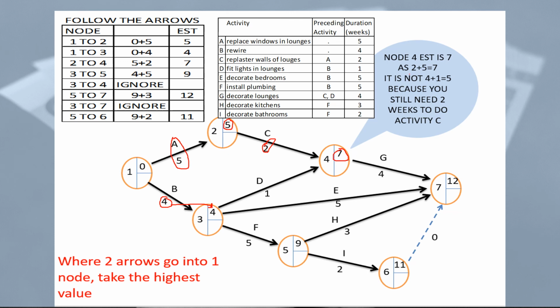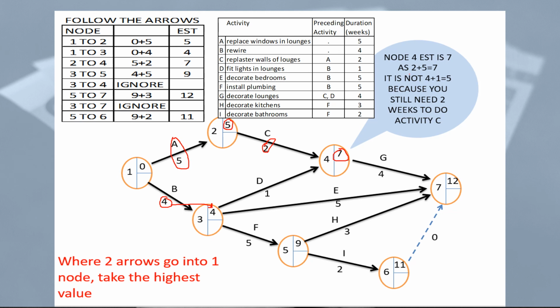But at the same time, we've got D, fitting the lights in the lounges, which is also leading into node number 4. But we don't count this week in here. We count the longest period of time, which is 5 and 2 weeks, which is 7 weeks.